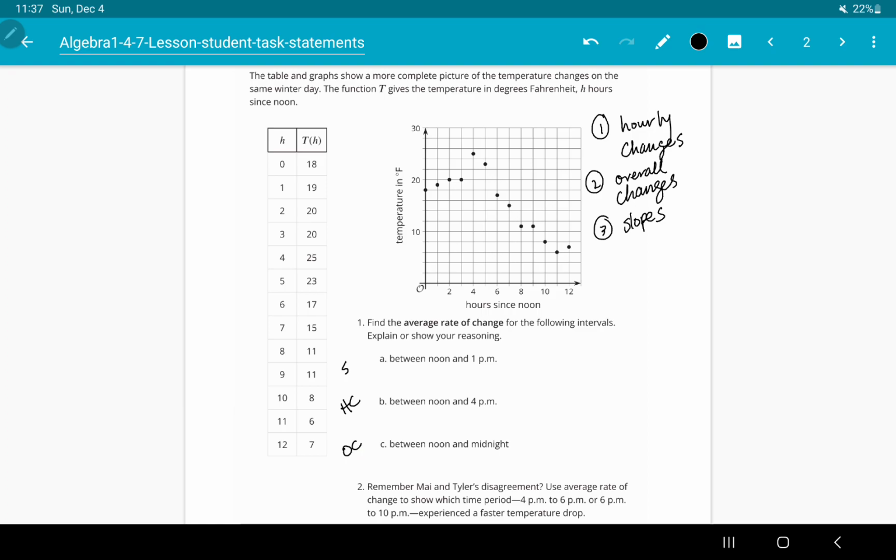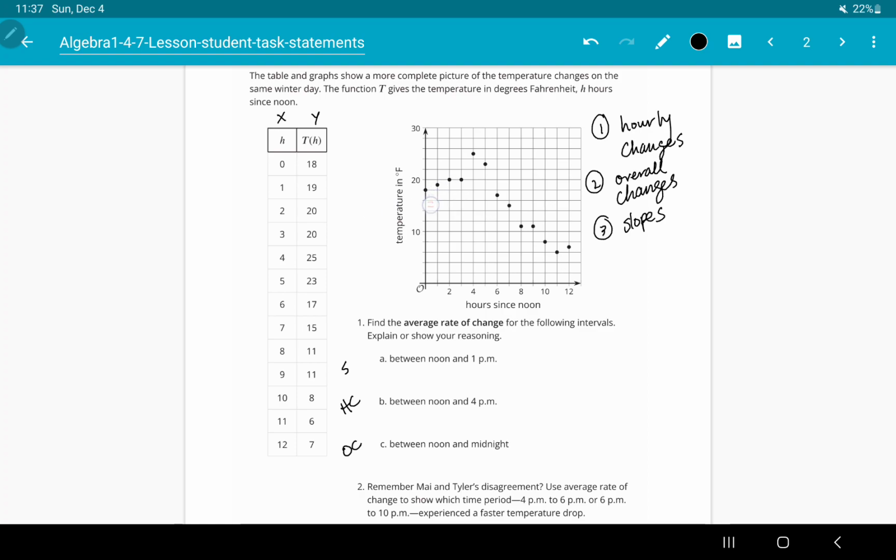Okay, so let's find the average rate of change between noon and 1 p.m. These values right here are basically x and y values, but we can represent them as h and T of h. So the point (0, 18), that's right here, and the point (1, 19), that's right here.